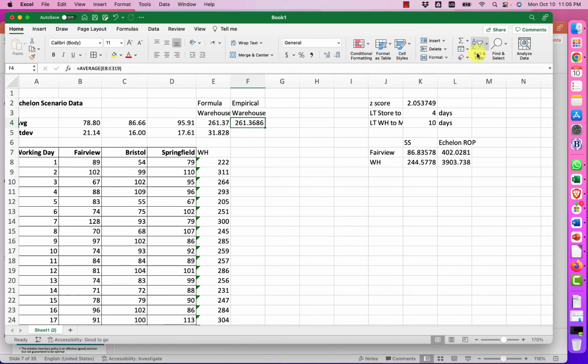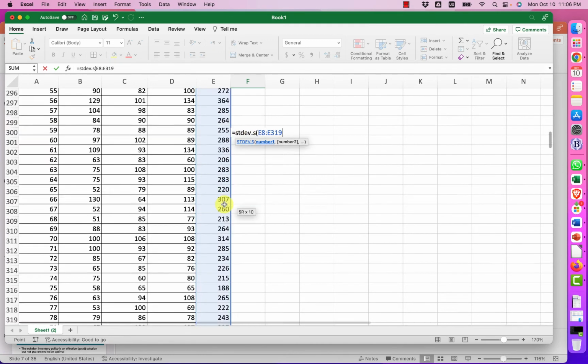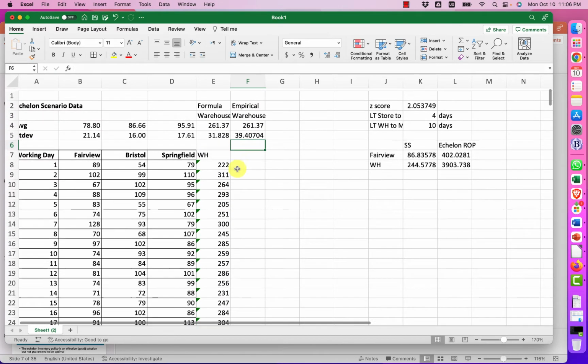So the average demand stays the same, whether you use the formula or you use the empirical method of calculating the total column and computing the average. But the standard deviation is where we had the independence assumption. So let's see if this comes out to be the same.